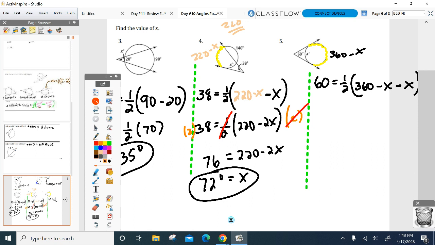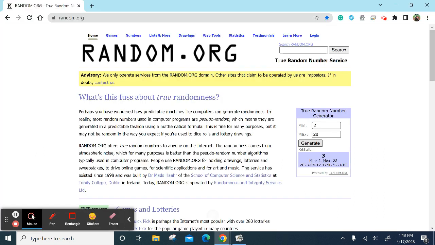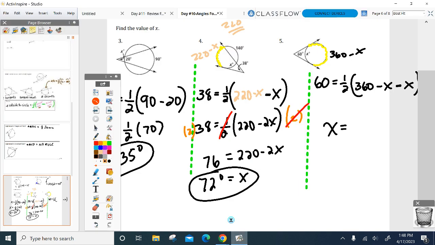All right, go ahead, solve away. 120. All right, good job.